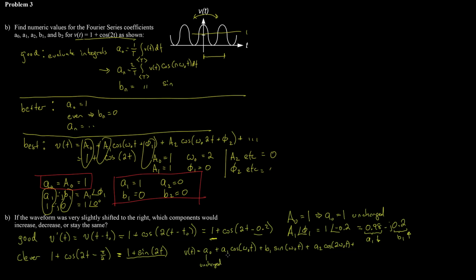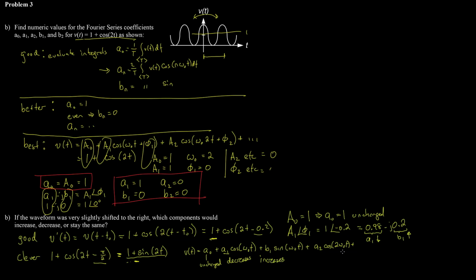But your a sub 1 term, now, there's no cosine. So this goes to 0, so this decreases. As the delay approaches a value that would give you this number, your a sub 1 decreases. Your b sub 1, though, goes up to this coefficient, this implied 1. So this increases.